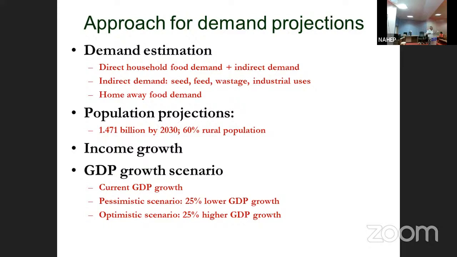Where has the 60% gone? That has gone for this home away demand. We are making a lot of sweets, consuming a lot of milk. We are using a lot of milk for making chocolate and other things.